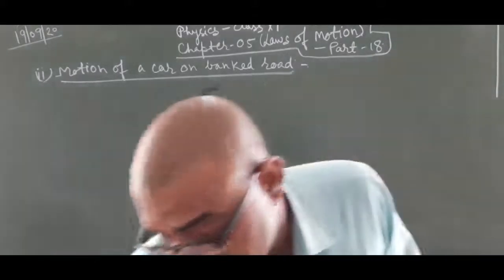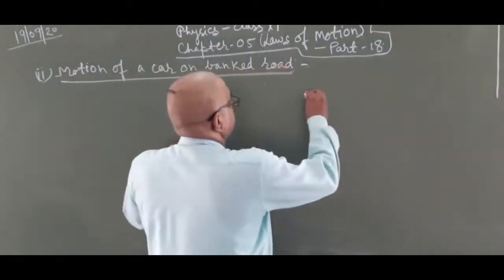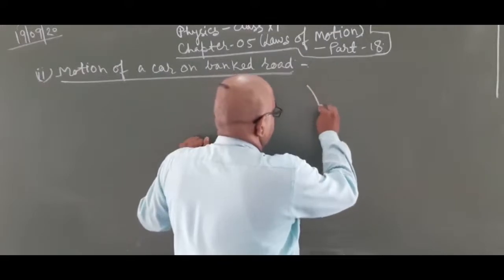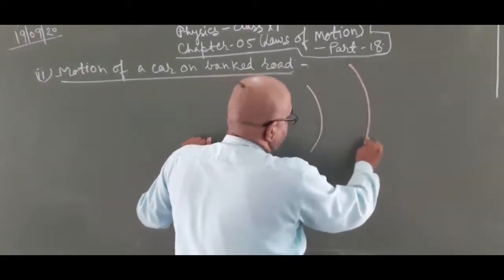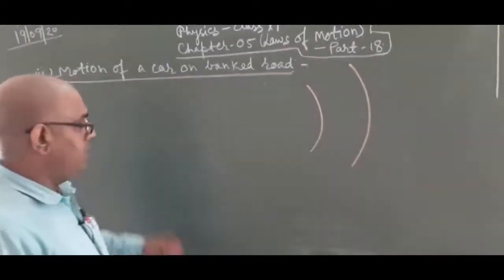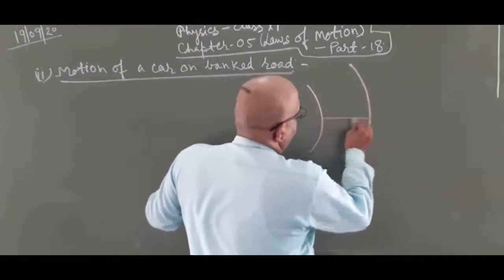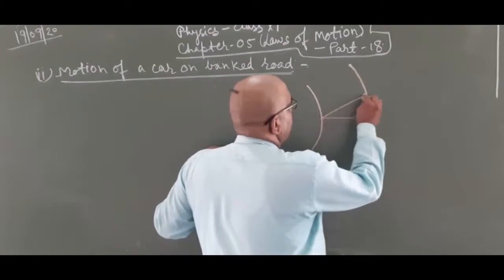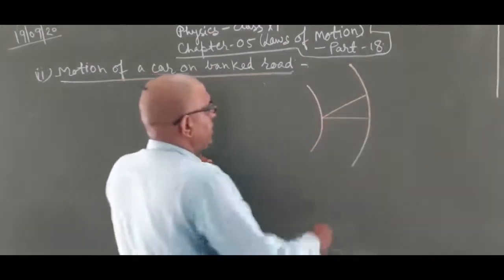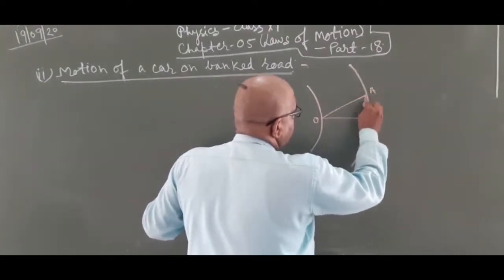Now dear students, look at the motion of the car on the banked road. Suppose this is the curved road, and this is the flat part of the road joining the two edges. Now we have to lift it, O, A, and this is the raised part.